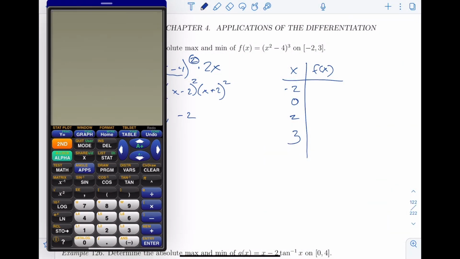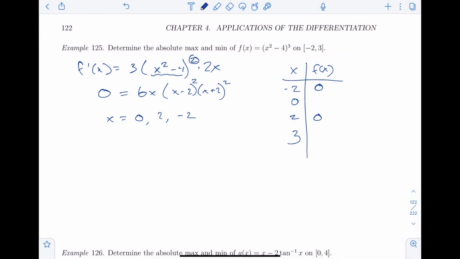And let's just do them all by hand. So when I plug in -2, I get -2 squared is 4. 4 minus 4 is 0. That gives me 0 cubed. The same thing will happen for 2. 2 gives me 0 cubed. I need a calculator for that. When I plug in 0, I get -4 cubed.